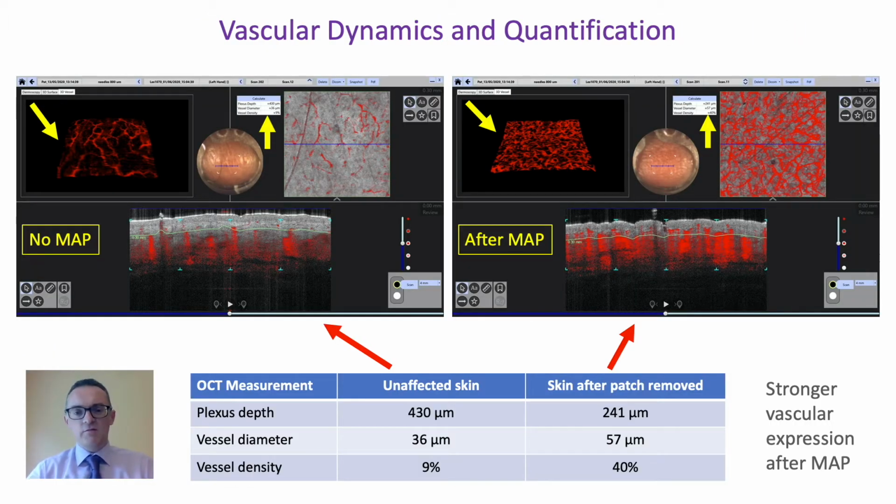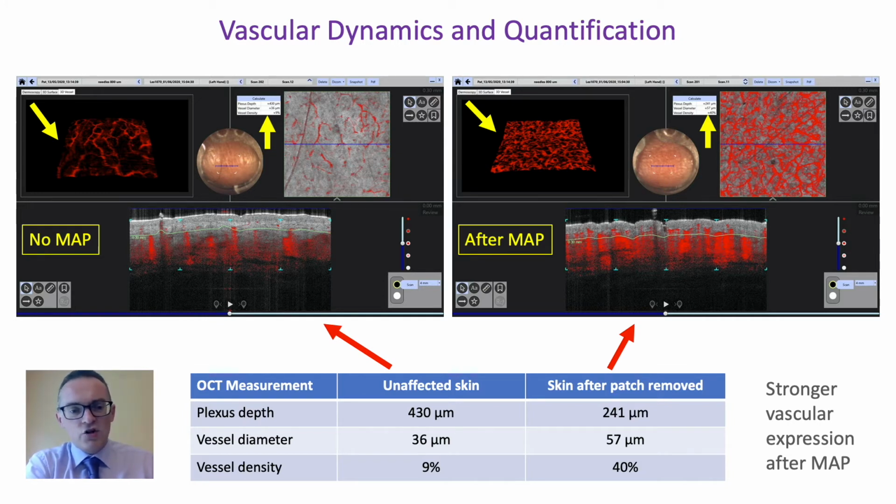What we see here, and this is a new innovation for the in vivo site, are the vascular dynamics, and how we can understand what is happening in the skin over time when we insert the microneedles from a vascular point of view.